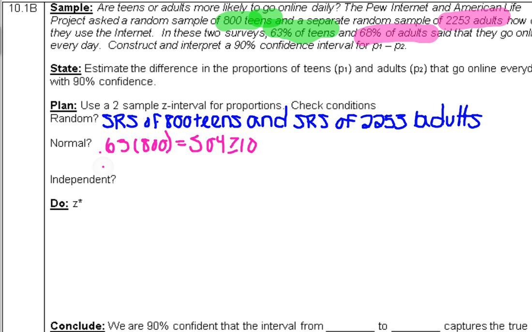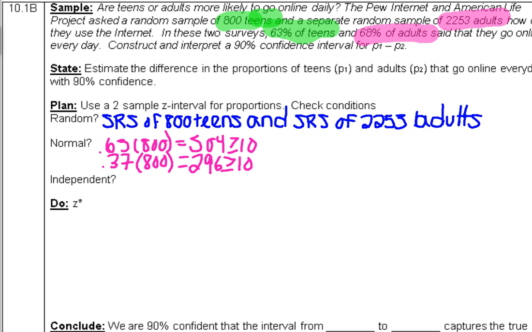And then I'm going to check the remaining, so 0.37 times 800, which is 296, which is also greater than or equal to 10. So our teen sample looks good.